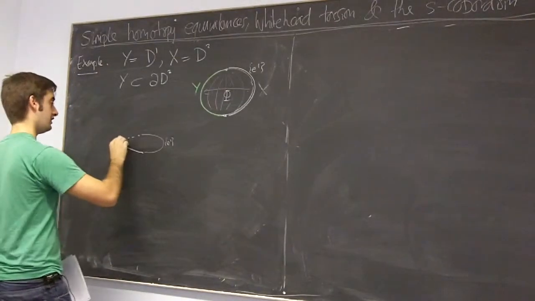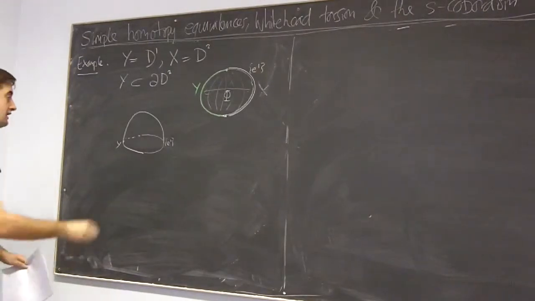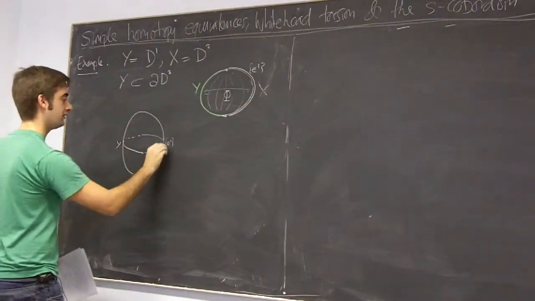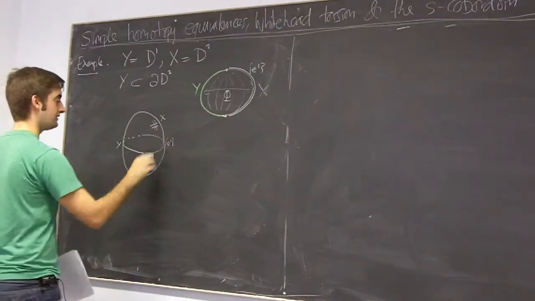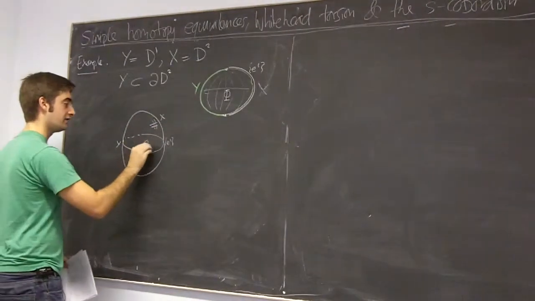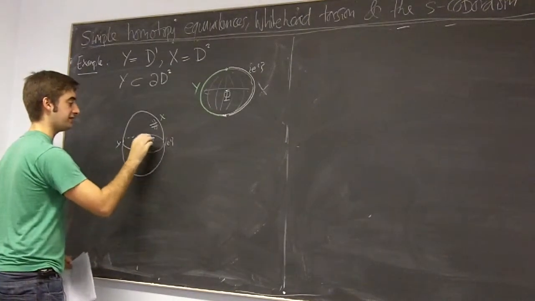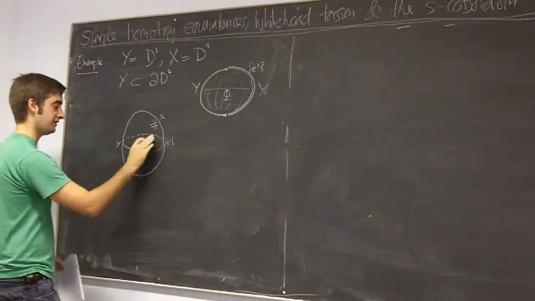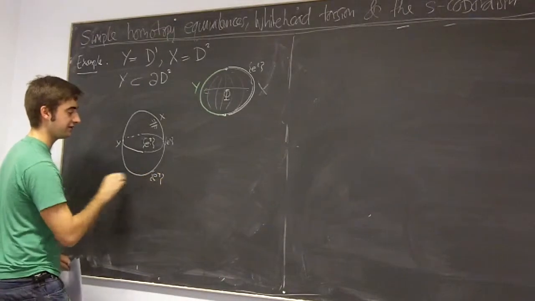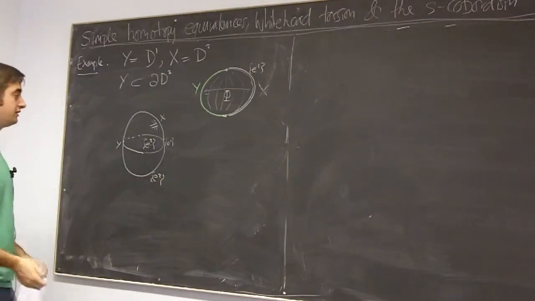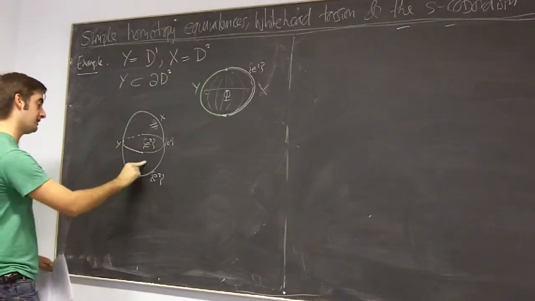I'm going to push the disk up to be the northern hemisphere of a sphere, and this was X on the top, and there's a D3 in the interior of this sphere, I'll call that E3, and then there's this lower hemisphere which is this E2. So we've just attached cancelling 3 disk and 2 disk.